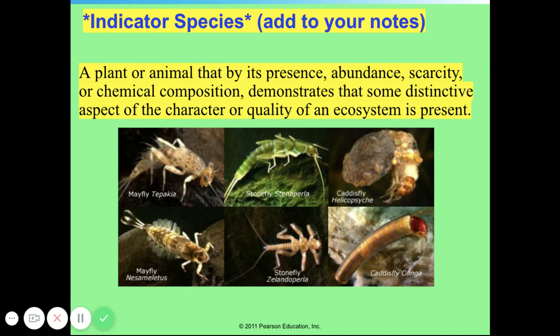Those could be immature insects or mollusks or larvae or snails. The presence or absence of certain species can tell us about the pollution levels in the water, how clear the water is. Overall, we have a cool little scoring chart that we use to rate the quality of the water based on what macroinvertebrates are present. So they're a great example of indicator species.